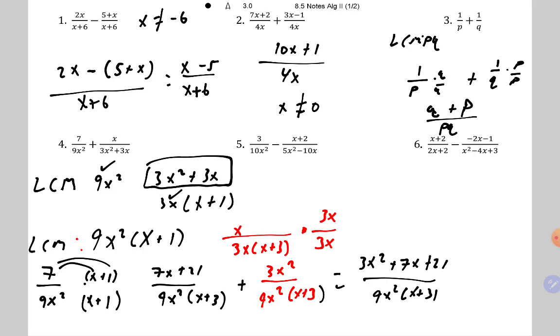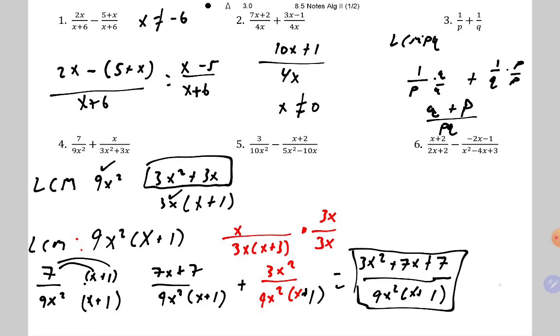So 7 being distributed here, this would change this to 7, which means this would be 7 right here. There we go. X plus 1. X plus 1. X plus 1. Now this cannot be simplified any further. X cannot be 0 or negative 1.